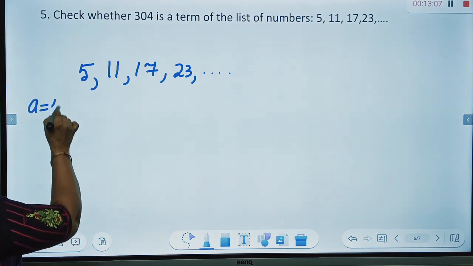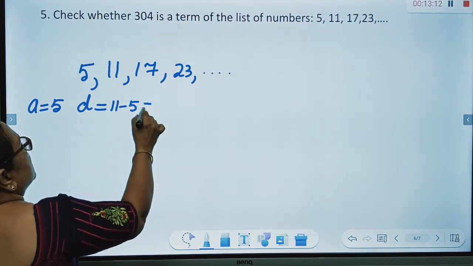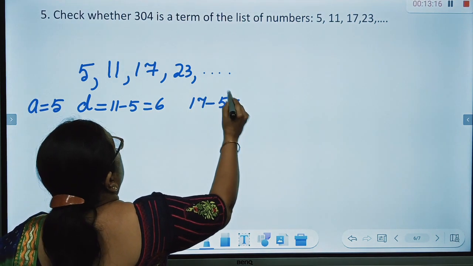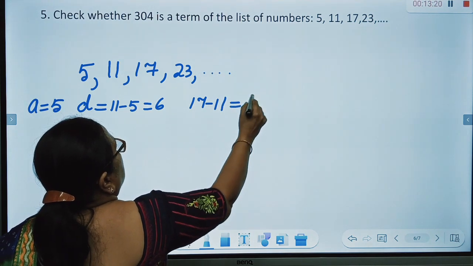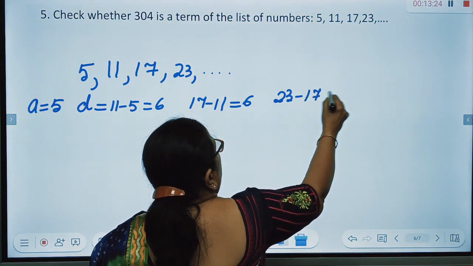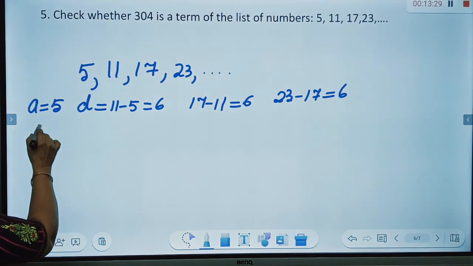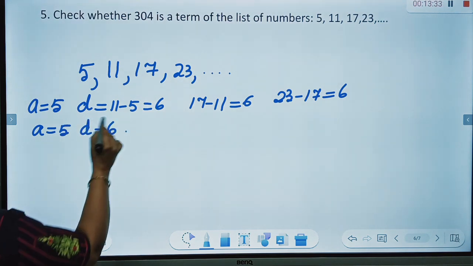If I keep A as 5, D will be 11 minus 5, which is 6. 17 minus 11, which is 6. 23 minus 17, which is 6. Right? So the common difference: A is 5, D is 6.